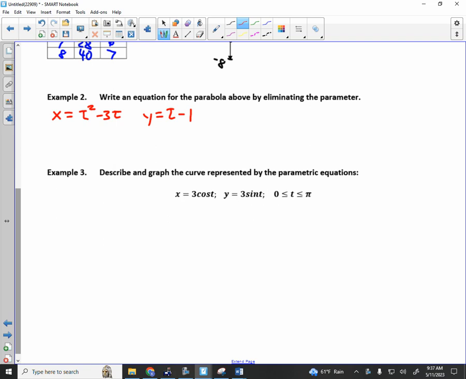Substitute. So solve y plus 1 is equal to t. So now I know that t is equal to y plus 1. What can I do with the y plus 1? Drop it in there and there. So now you have x is equal to y plus 1 quantity squared minus 3 times y plus 1.